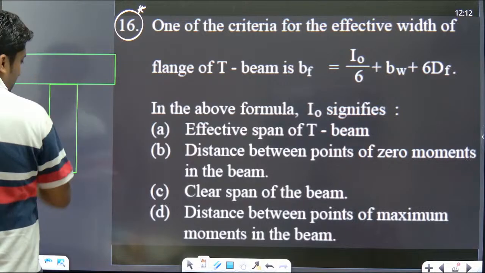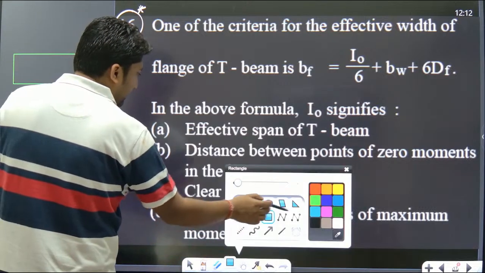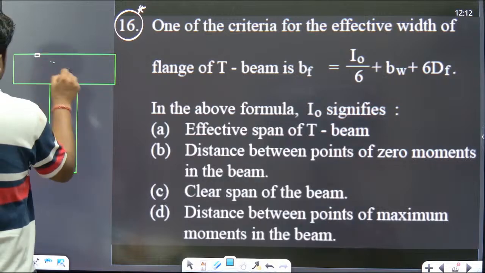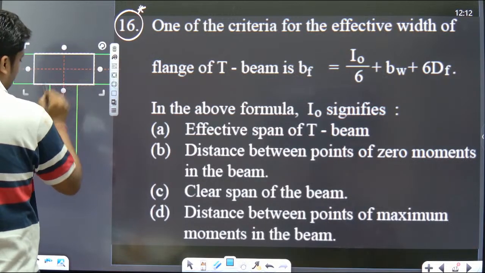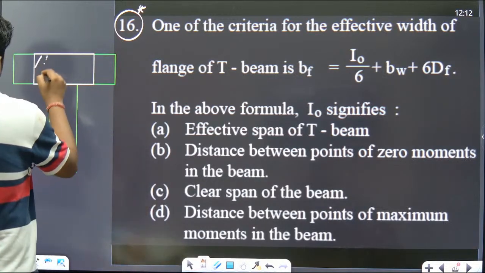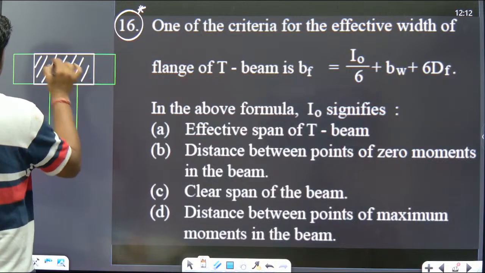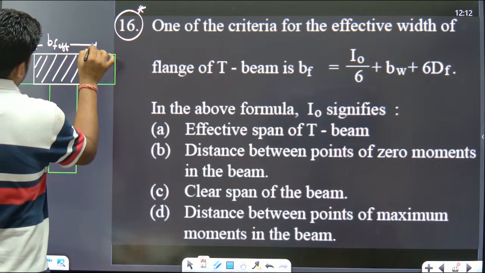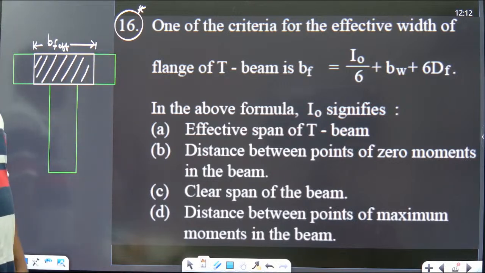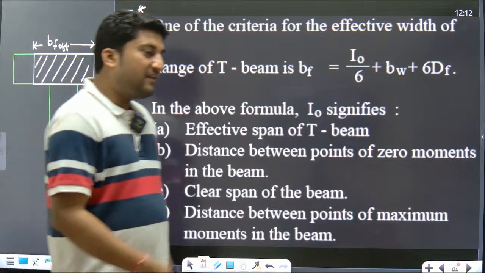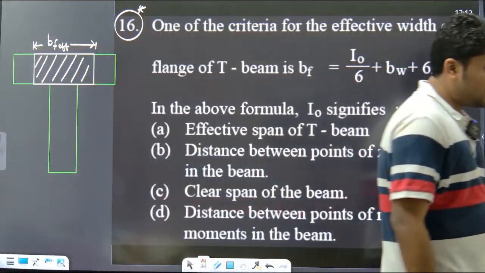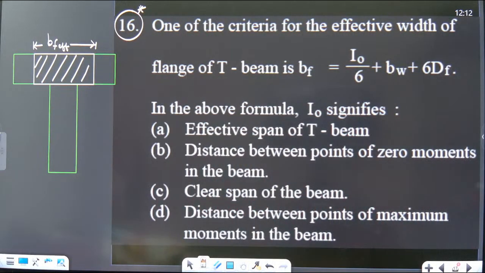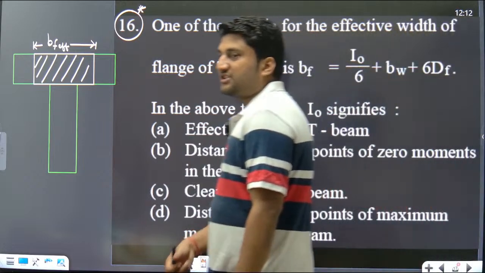So we take the effective width of flange such that all the fibers have equal stress. By taking the effective width of the flange, our calculation becomes simple.